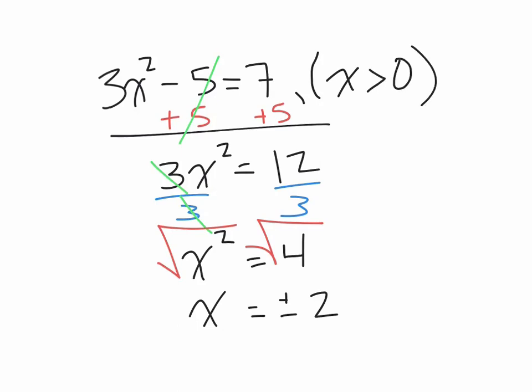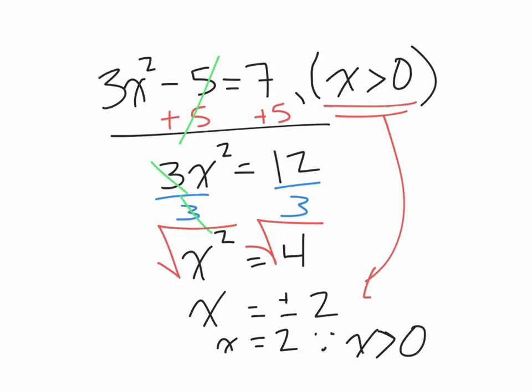So if they've told you that x is going to be greater than 0, when you get to your final answer and you're told x is either positive or negative 2, but x is always greater than 0, perhaps because we're measuring time or distance where it wouldn't make sense to have negative time, you would then just know that x equals 2 since, and by the way, an upside down therefore is since, x is going to be greater than 0. Maybe we're measuring time and how many seconds it takes for a cannonball to land if we're thinking about quadratics and the movement of things.